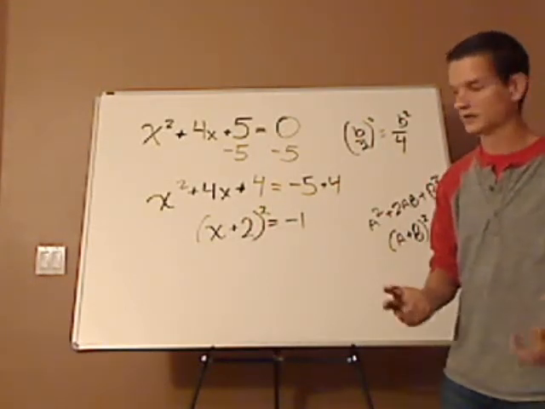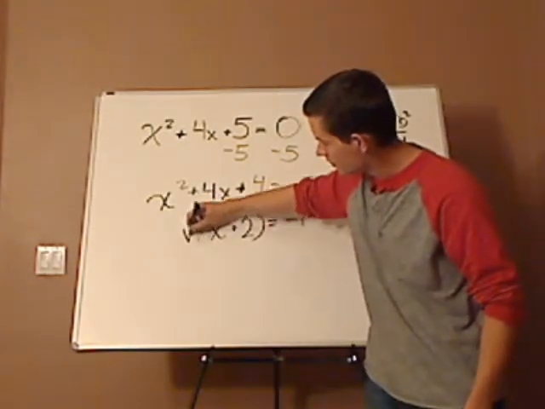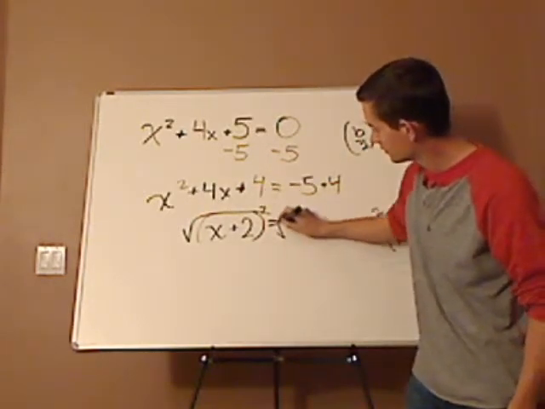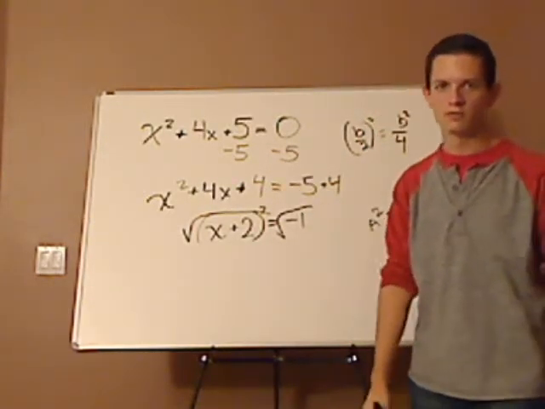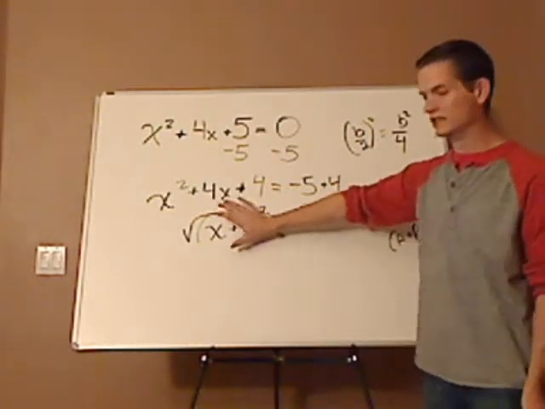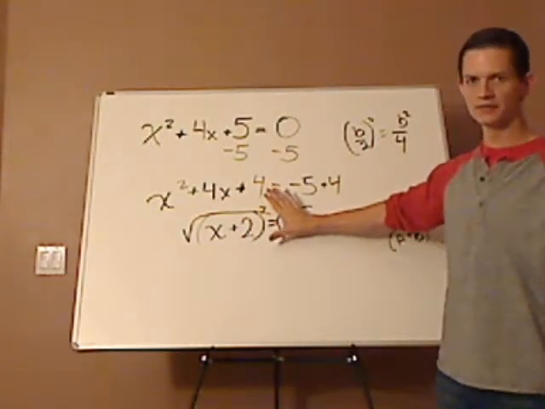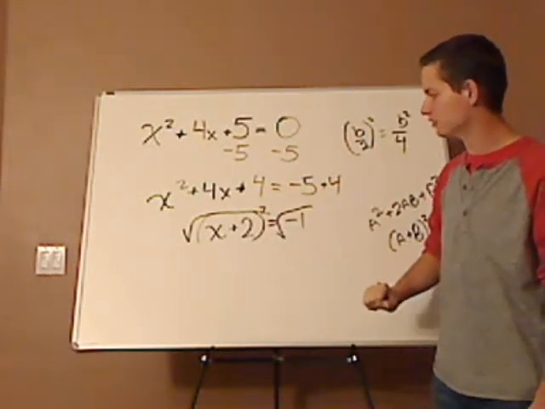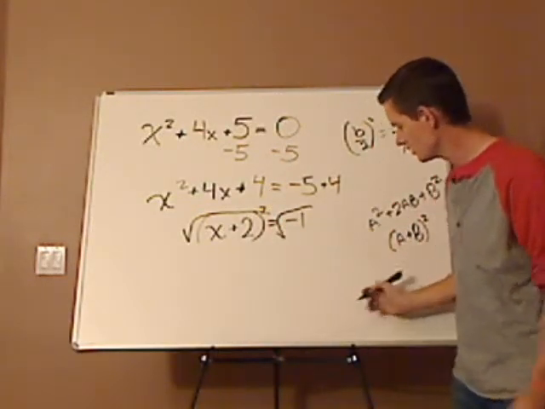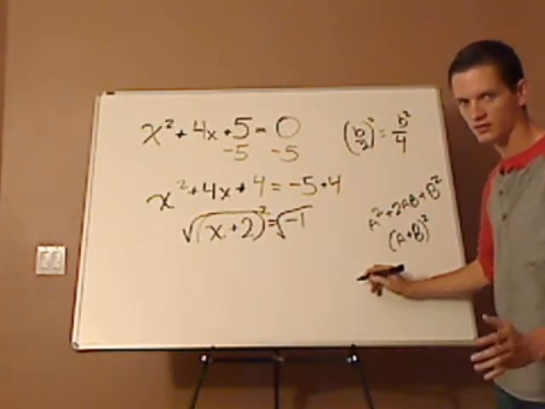So what am I going to do next? I'm going to square root both sides. When I square root both sides, this actually ends up being an absolute value, the absolute value of x plus 2. Let me show you something over here.